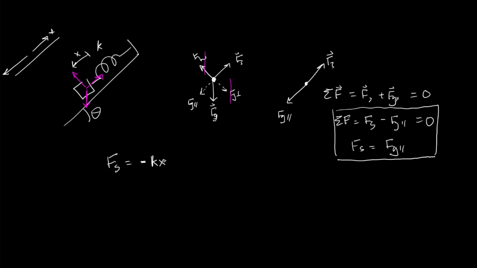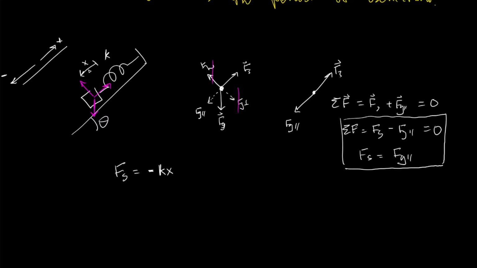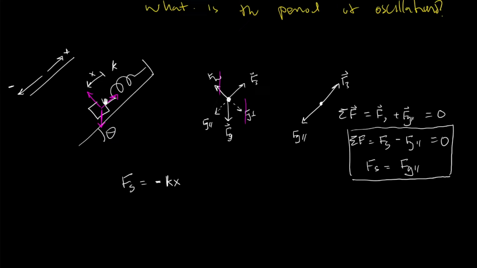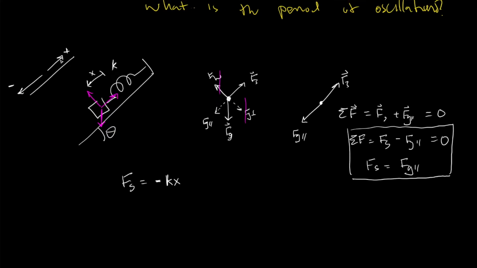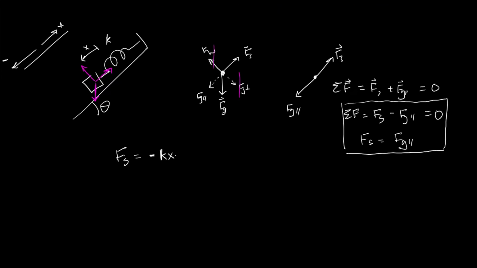And it's negative because if we pull the box down, so we have a negative X, then that spring is going to pull back up, which gives a force in the positive direction. So we have negative Kx equals Fg parallel.